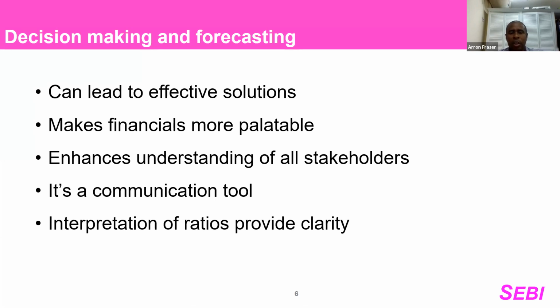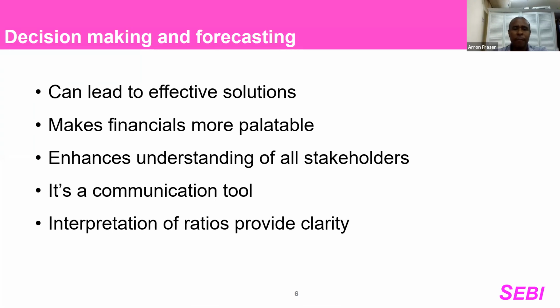Once you know how to interpret ratios, it provides a little more clarity on how the business is being run. Again, bringing you back to the liquidity example of current assets and current liabilities: if you can correctly interpret that ratio, it gives you a better understanding of how the business is being run.